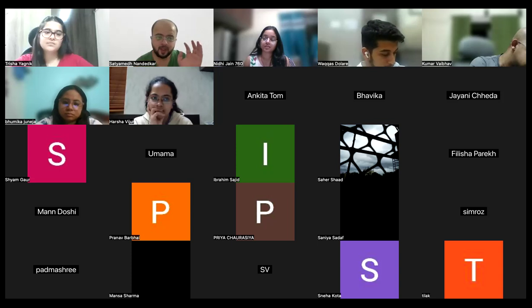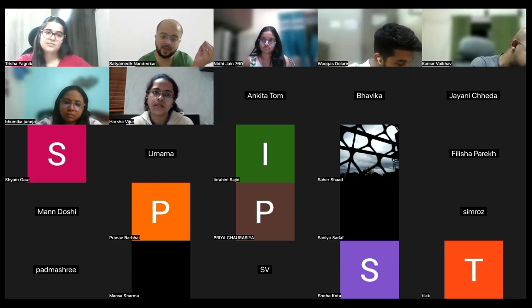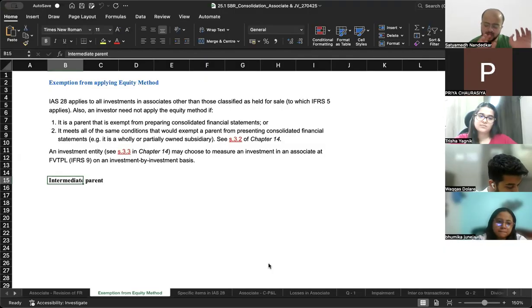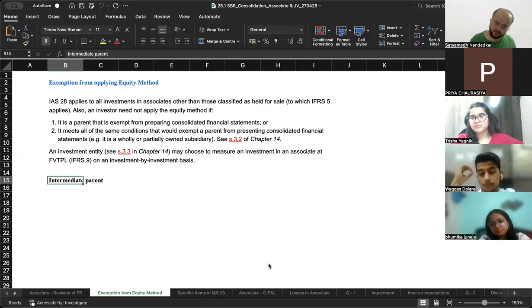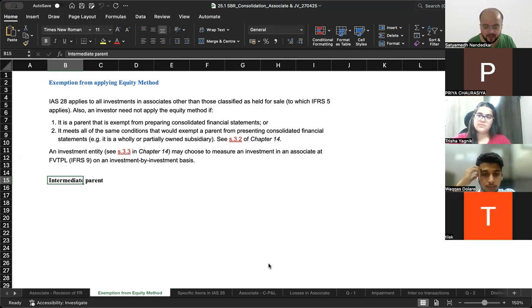So, the exemption of IAS 28 is pretty much similar to the IFRS one. The exemption from consolidation for a subsidiary, the same thing applies to the equity method also. IAS 28 applies to all investments in associates other than those classified as held for sale.